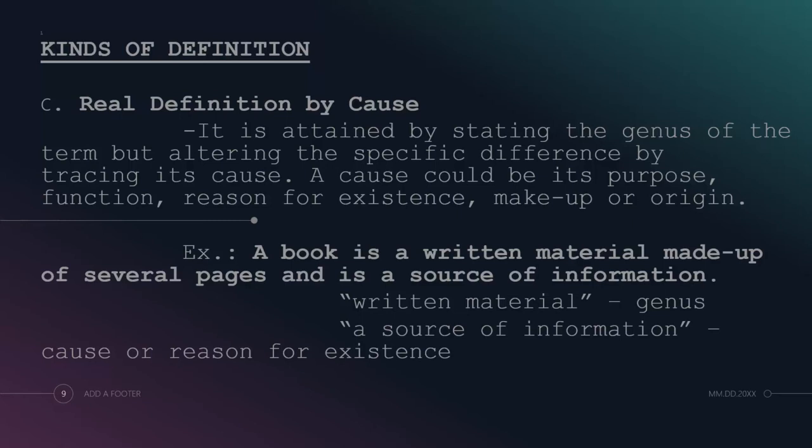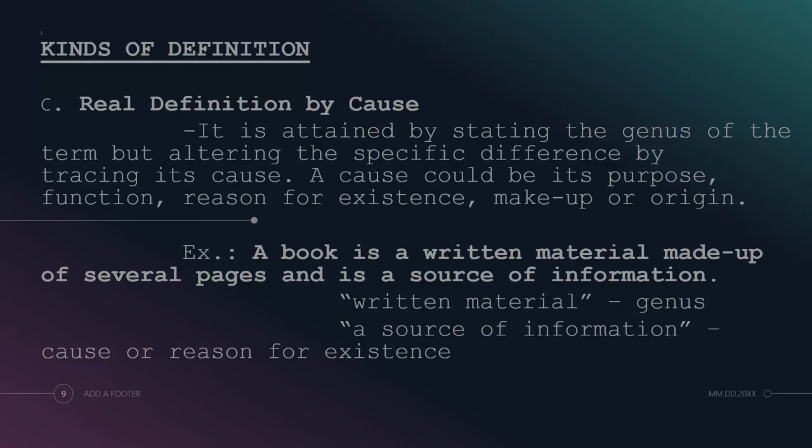So in this definition, written material is the genus. It is kind of classifying it into a much broader or general perspective for it to be more understandable. While for the extension naman niya, a source of information, okay, this is the cause or reason for existence. Now, therefore, this will be the specific difference.